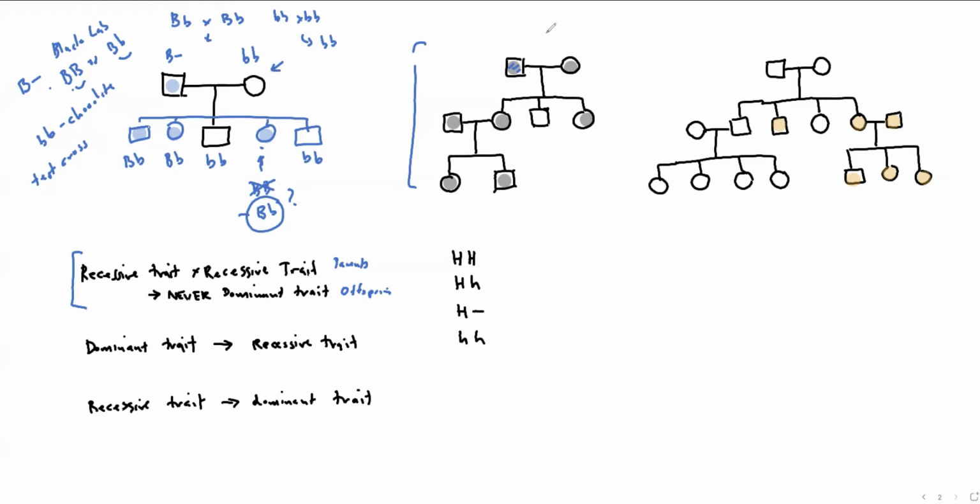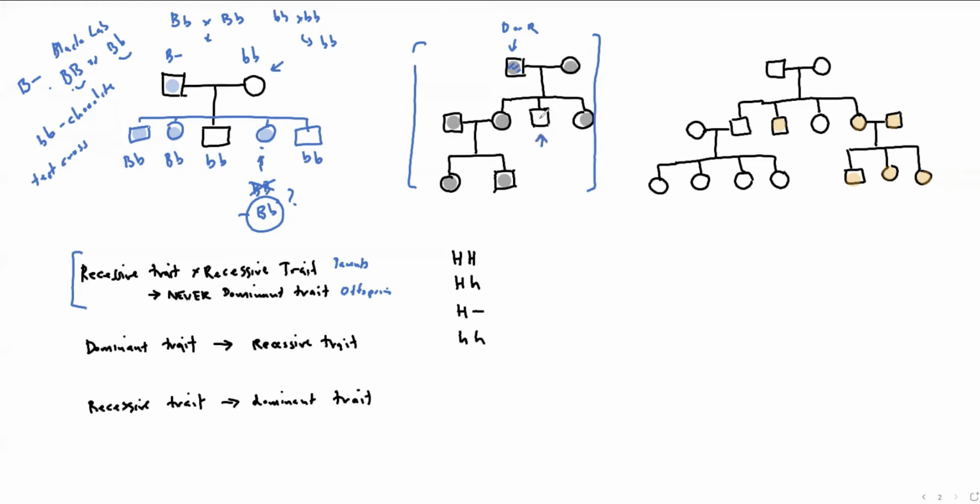So when you look at this pedigree right here, can you tell me whether the darkened one is dominant or is it recessive? Well, it's not recessive, because if it were recessive, then two darkened in individuals would not be able to produce a non-darkened in offspring.